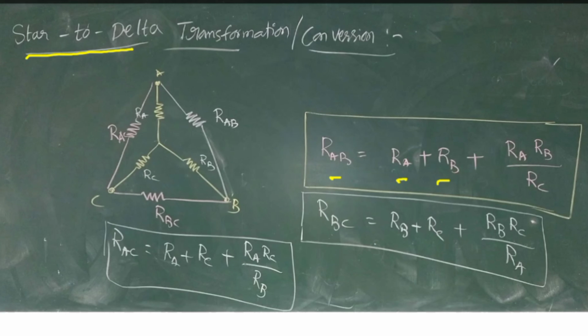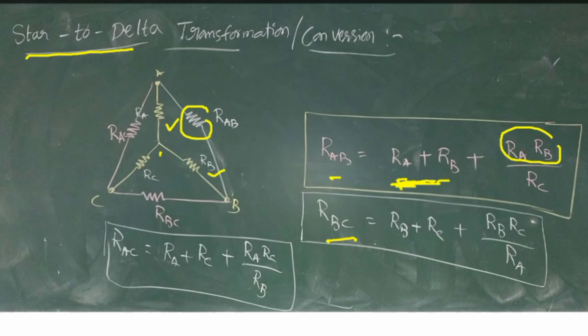How can we remember? Simply, RAB is the delta connected arm which is in between the two resistances RA, RB. RAB equal to the sum of the star connected resistances plus the product of the same RA, RB by the third resistance RC.